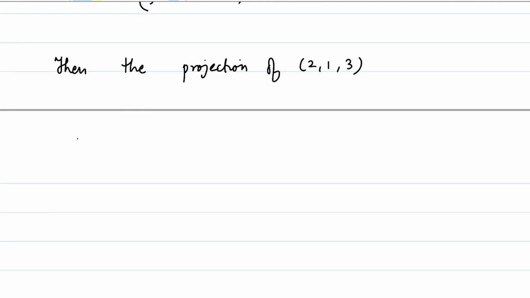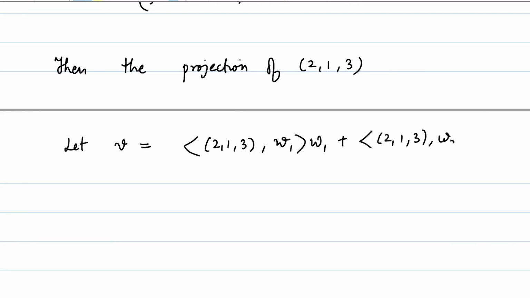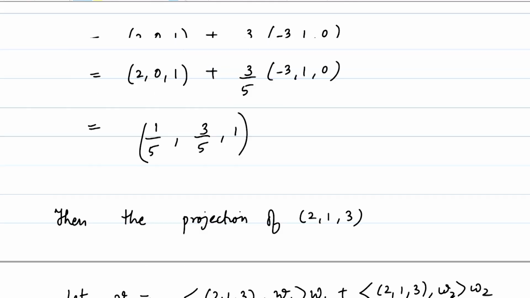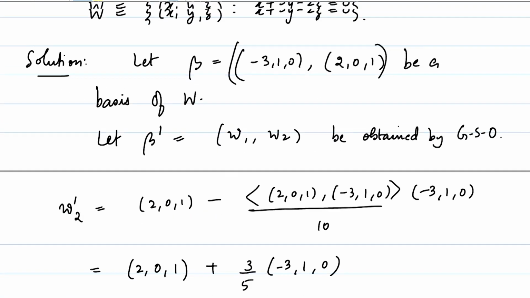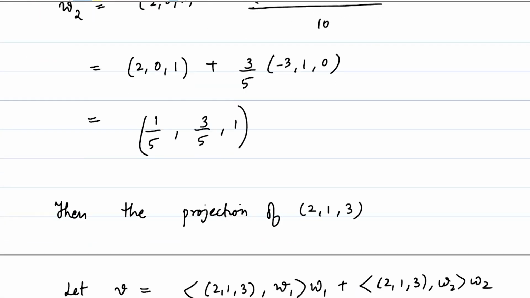The projection, if you recall, is given by, let u is already taken, so v be equal to the inner product of (2, 1, 3) with W1 times W1 plus the inner product of (2, 1, 3) with W2 times W2, where W1 and W2 are obtained by, oh, this is actually prime. You have to orthonormalize it, make it norm 1, and that is how you will be getting hold of the projection. You should go back to your lectures and check. That is precisely what we had done.